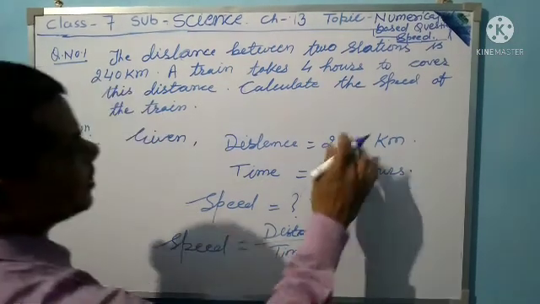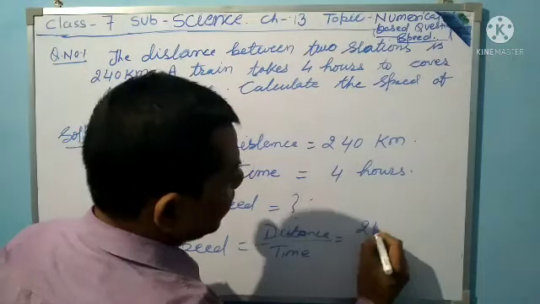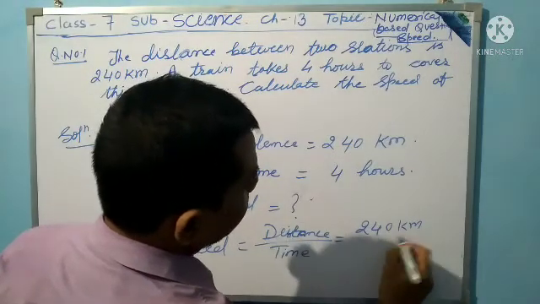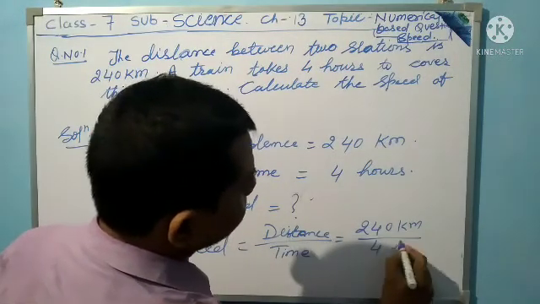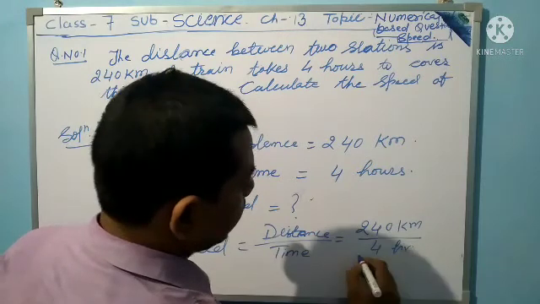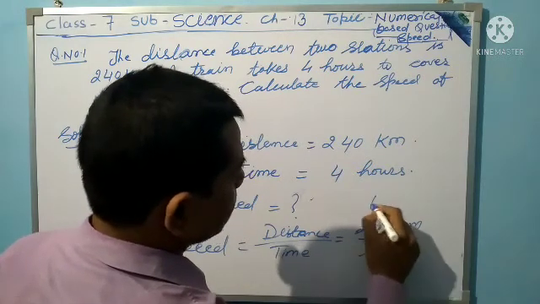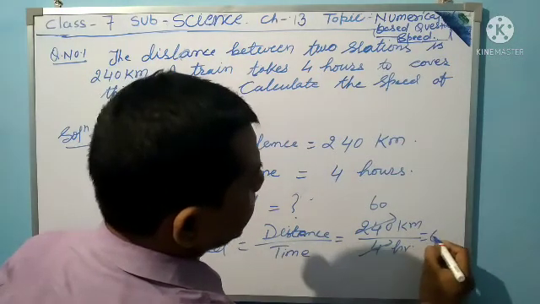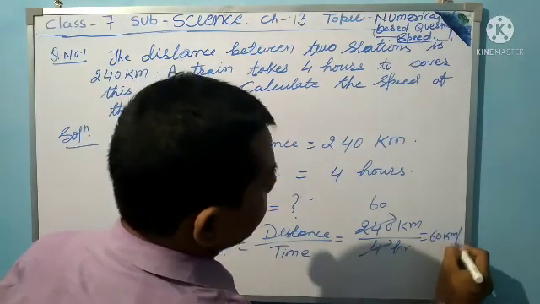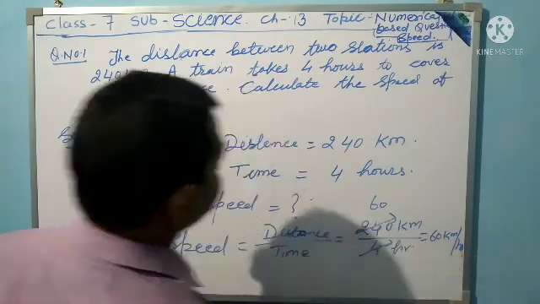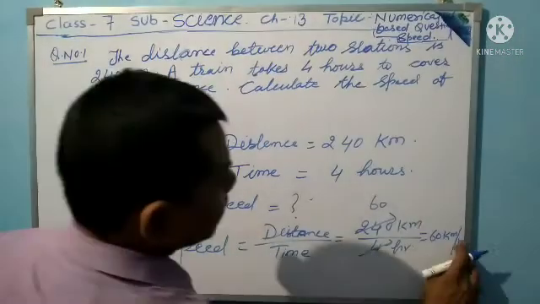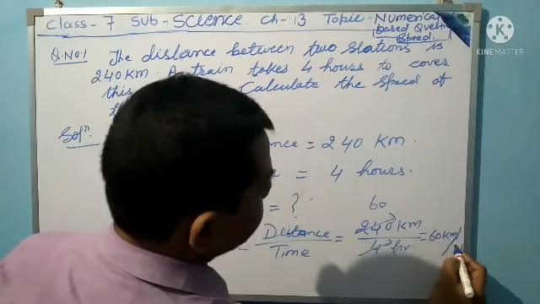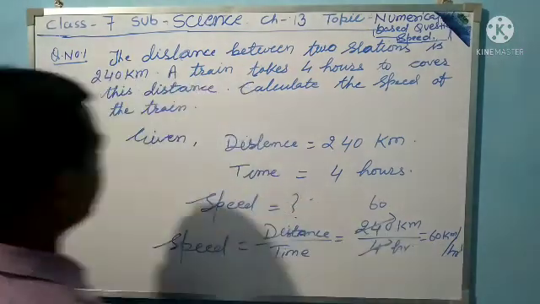So our distance is 240 kilometers and the time taken is 4 hours. Cancelling out, we get 60. So the speed is 60 kilometer per hour.